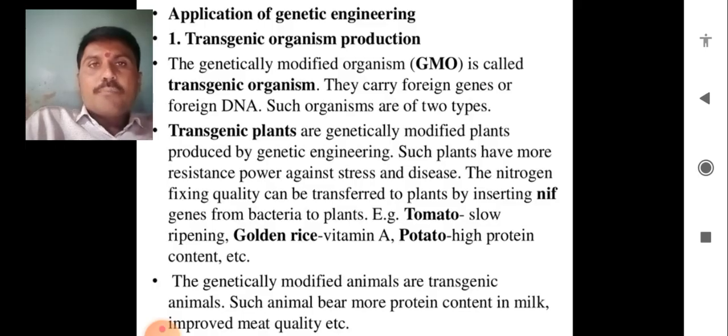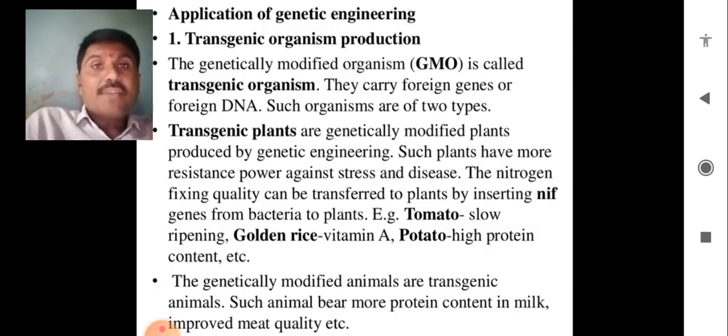As we said, in plants we introduce the transgenic vector through Agrobacterium tumefaciens, which is associated with the root nodes of plants. Transgenic plants are genetically modified plants produced by genetic engineering, and such plants have more resistance against stress and disease.